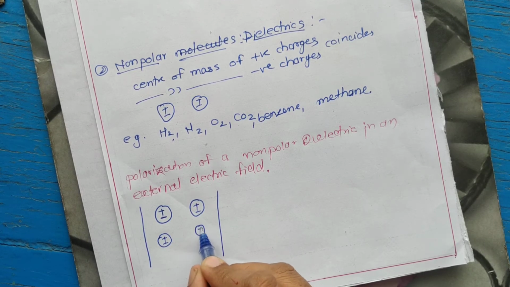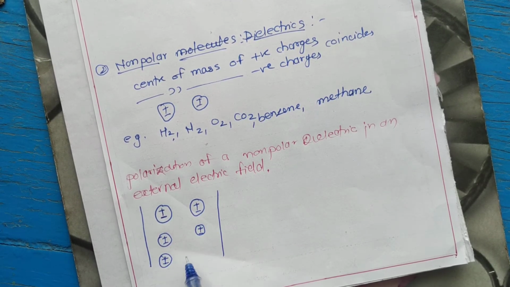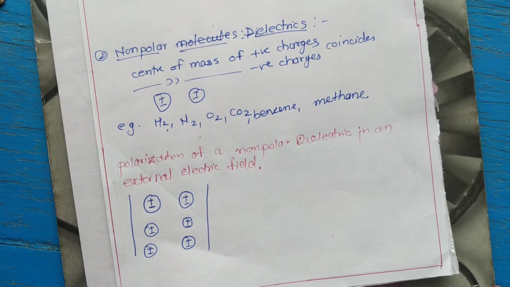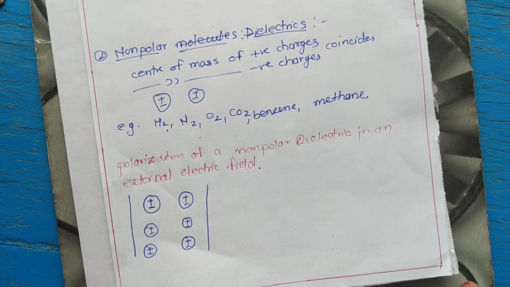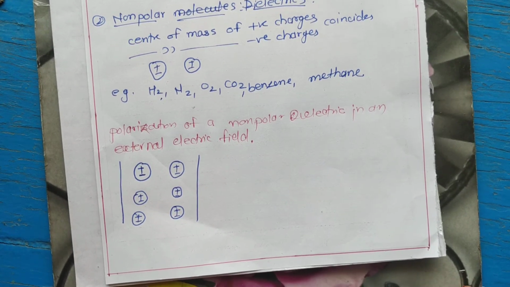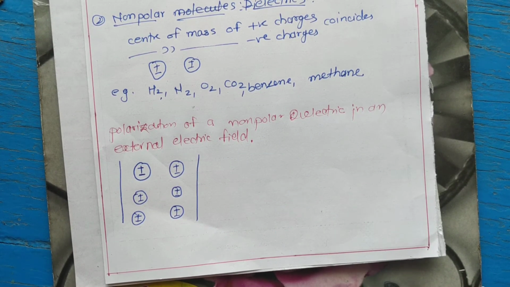positive, negative. When we place this non-polar molecule in an external electric field, the center of mass of negative charges and the center of mass of positive charges get displaced in opposite directions, so positive and negative charges are separated from each other, and this molecule will have a dipole moment.